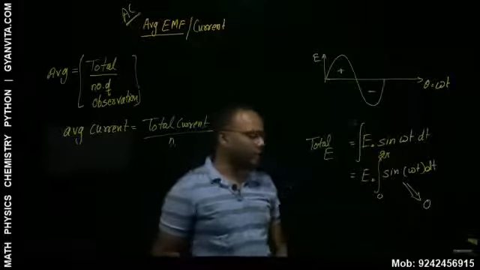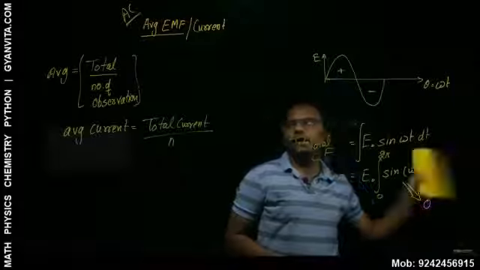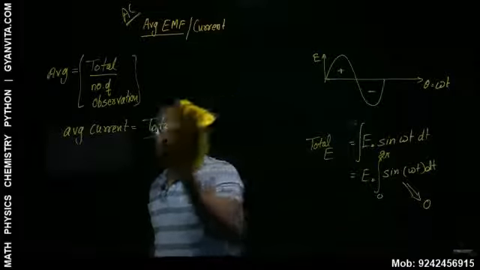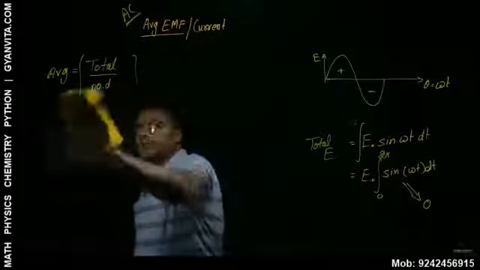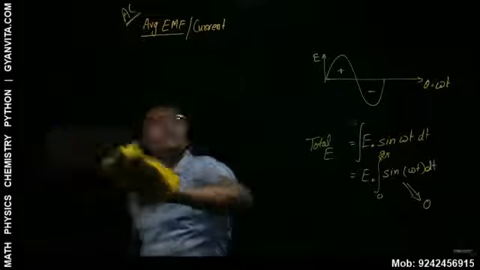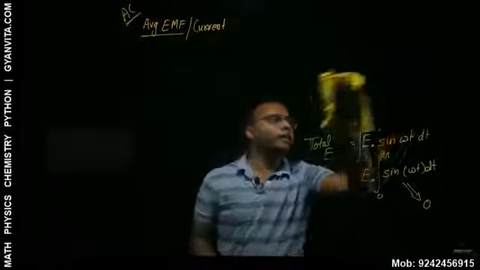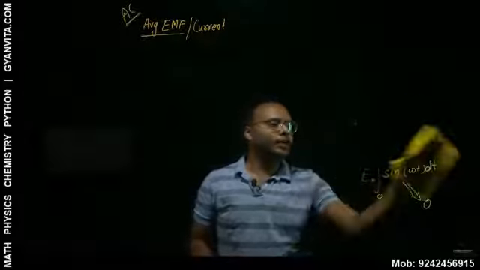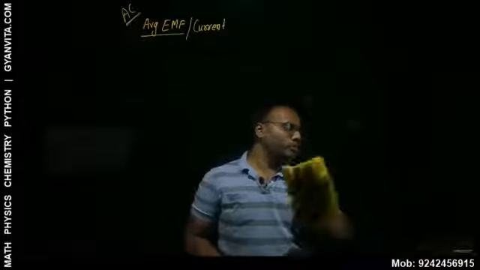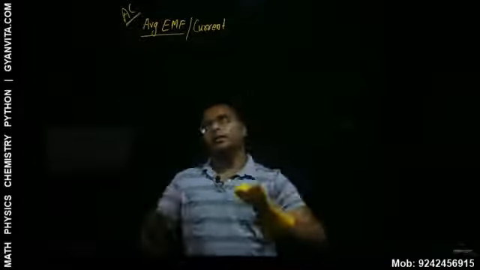In two cycles also it will be 0. In three cycles also it will be 0. So in n cycles, if we take any number of complete cycles, then the sum of EMF and even the sum of current will be 0. So obviously if the sum is 0, then average will also be 0.